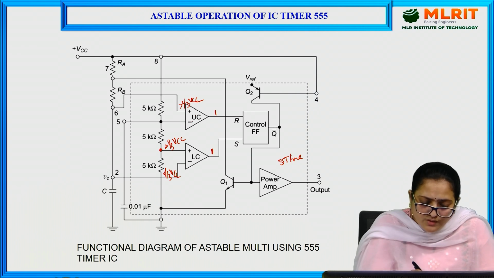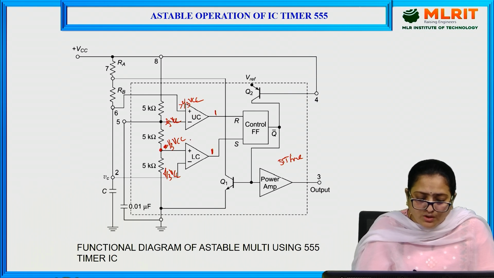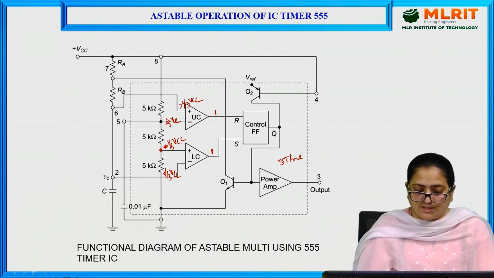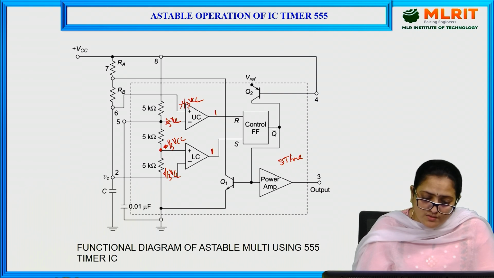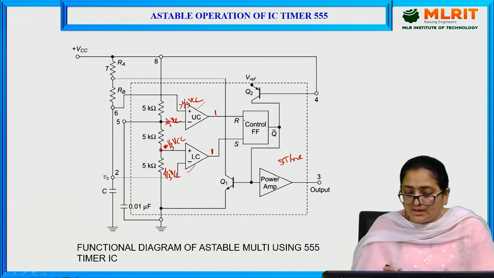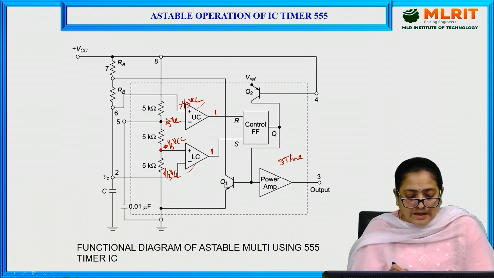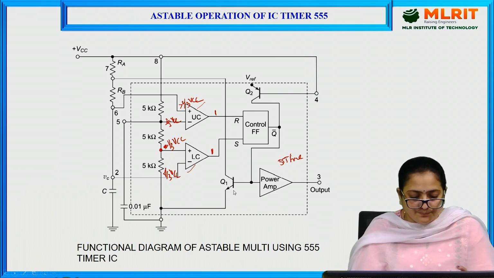The voltage across the negative terminal of the upper comparator will be 2/3 VCC, and the voltage across the positive terminal of the lower comparator will be 1/3 VCC. Based on these comparator outputs, the operation of the RS flip-flop is done. And based on the output of the RS flip-flop, Q1 either connects directly to a discharge path or it will be in an off state.